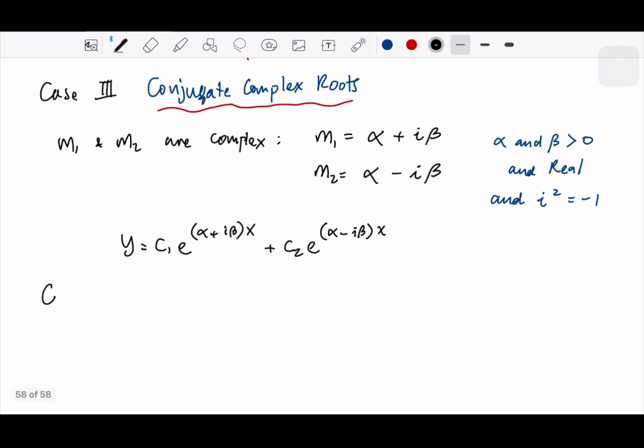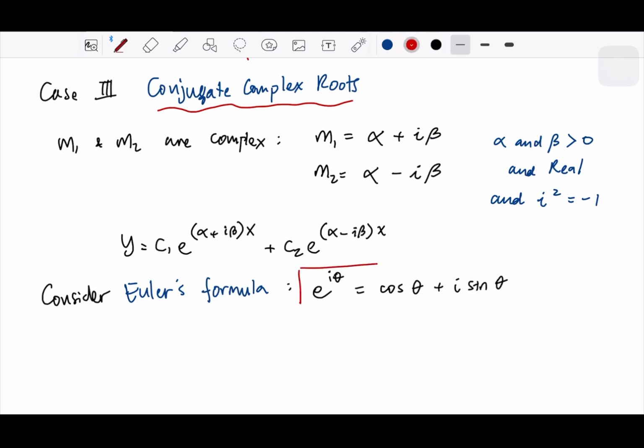So consider Euler's formula: e to the power of imaginary number theta is equal to cosine theta plus i sine theta.